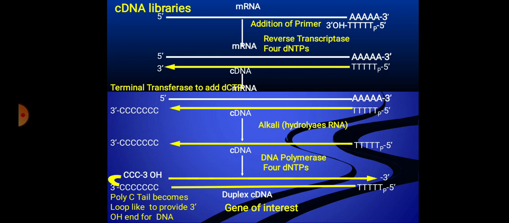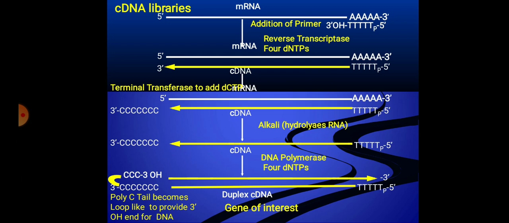To the cDNA, poly C nucleotides are added at the 3' end. Then the mRNA is removed, digested by treating with the RNase enzyme, or by treating with the alkali sugar, where the mRNA is removed.